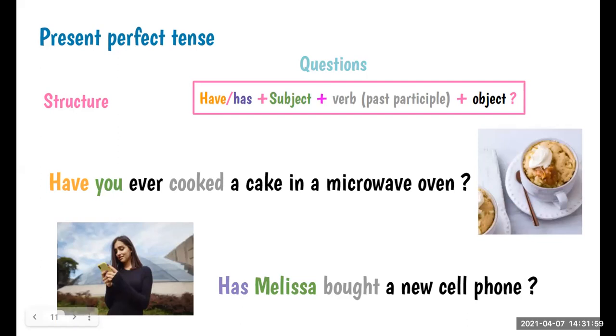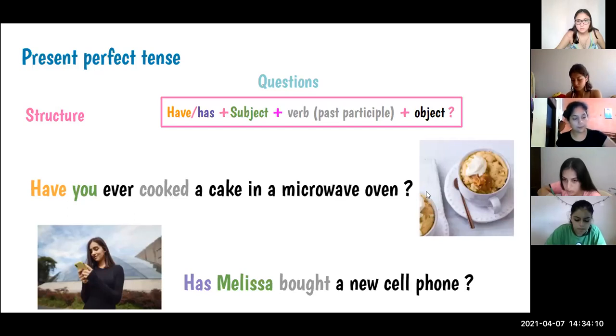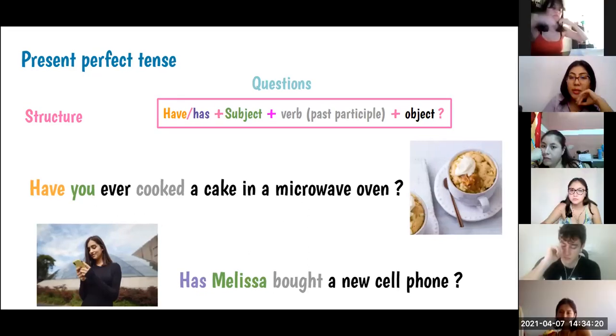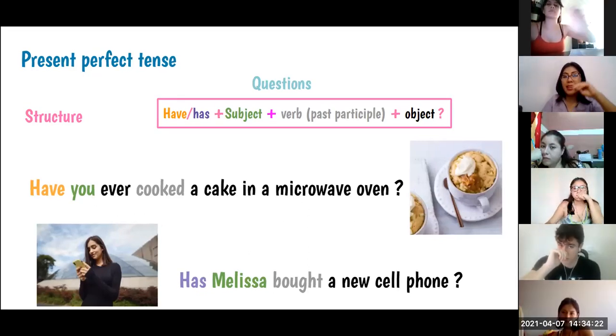Les voy a dar unos minutitos para que hagan sus preguntas. Let's listen to your question. Remember that you have to tell me the name of your partner first. Okay, so primero dicen el nombre de su compañero y luego la pregunta para que su compañero esté atento.